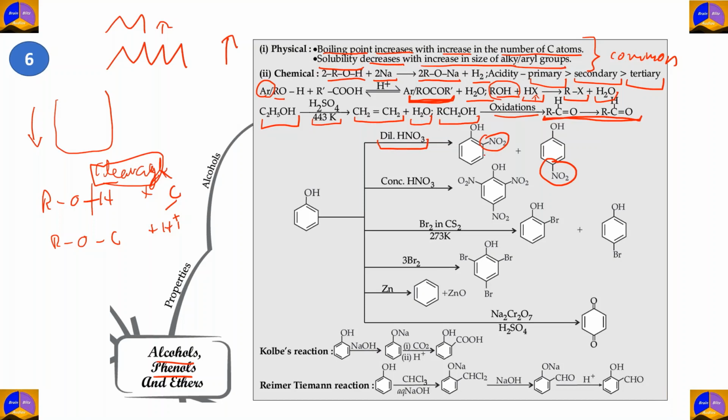So the phenol forms a bond with an NO2 group in the ortho position and the para position. In concentrated HNO3, what happens is that both the ortho and the para positions of phenol are occupied by the NO2 substituent.